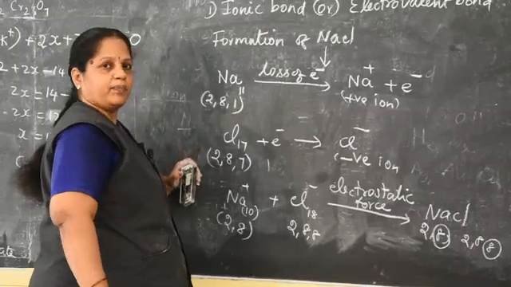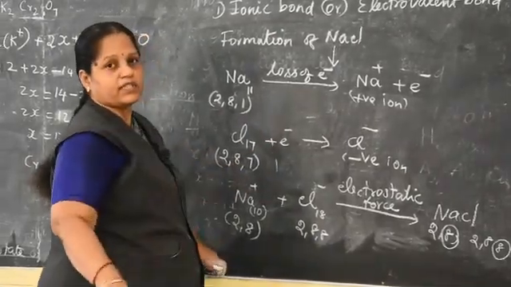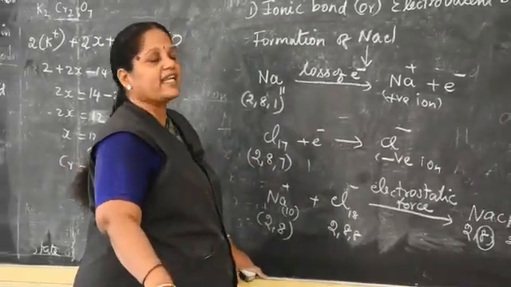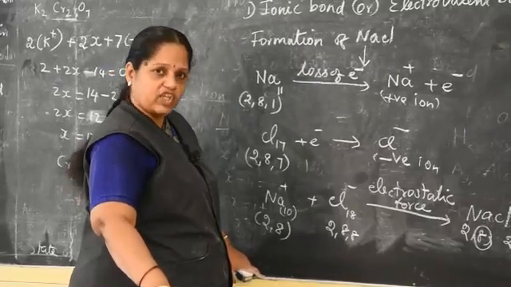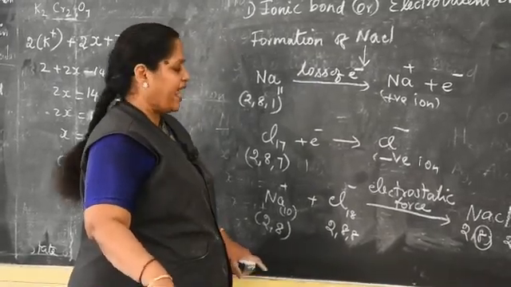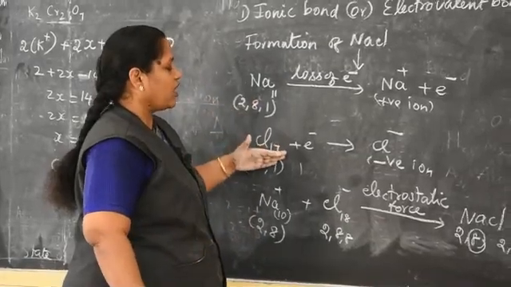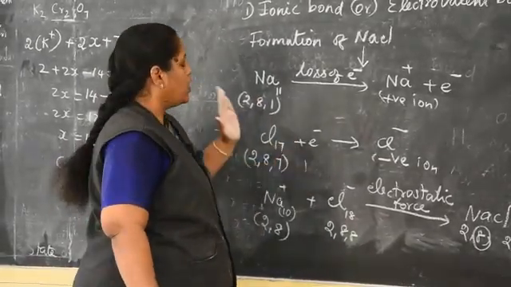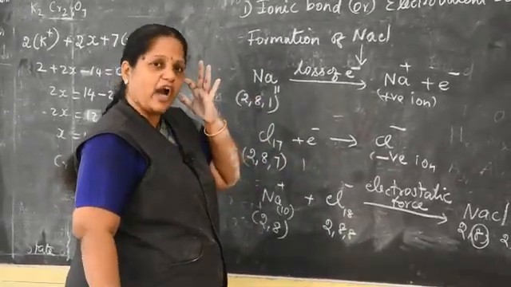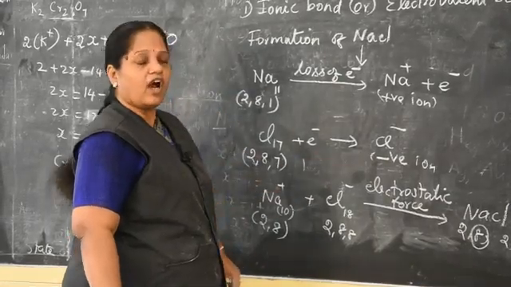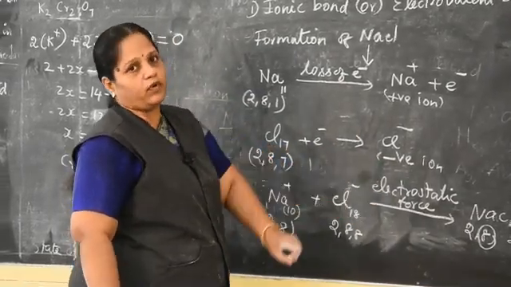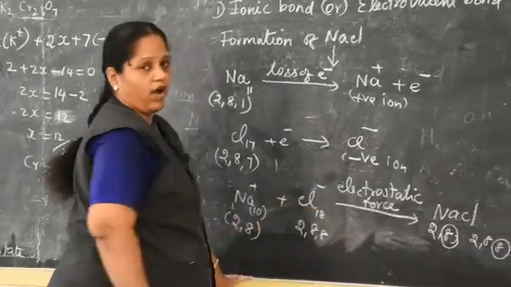Noble gases possess 8 electrons in their valence shell. They are stable and chemically inert. Like that, by loss of electron and gain of electron, sodium and chlorine also attain stable electronic configuration in sodium chloride. It is a crystalline form.